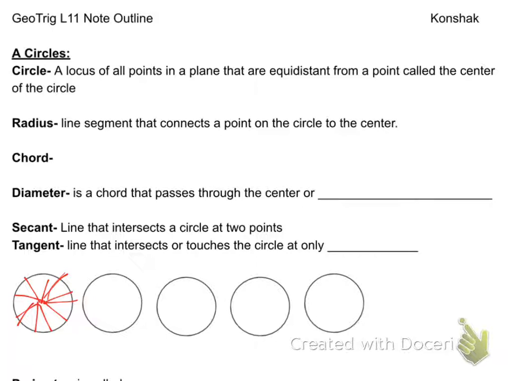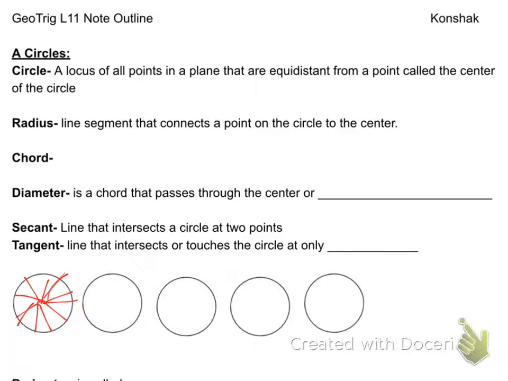Not more than one, just one side. That is a radius. The red lines here represent many radiuses. We don't like to say radiuses, so we say radii, R-A-D-I-I. That is the plural for radius.